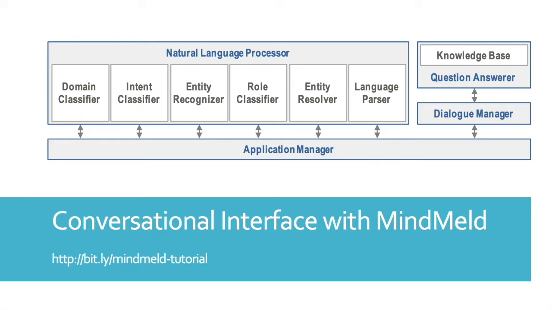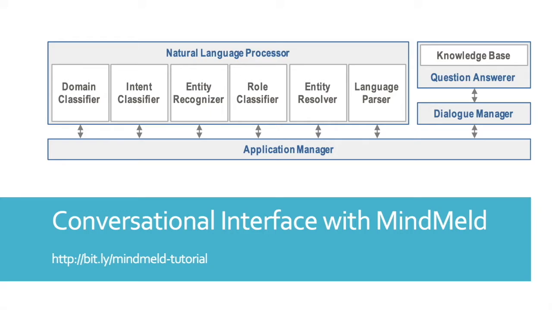So this is a complex problem, so it involves a pipeline of multiple models shown here. And this sequence of components is not unique to the MindMeld platform. All major players in the space use a similar pipeline, so it's really become an industry standard.